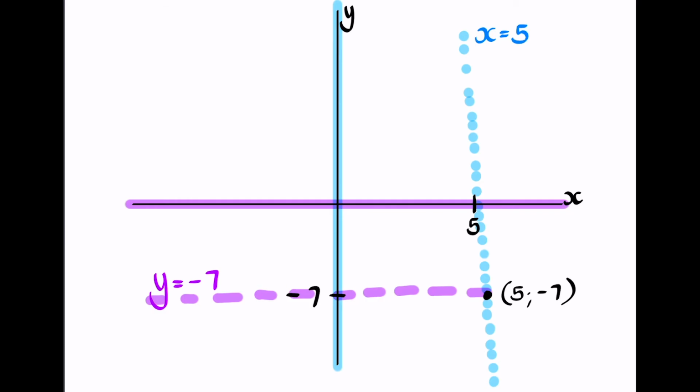Because irrespective of where I go on this line, the x coordinate will remain a positive 5, whereas the y coordinate is changing. So basically, all my vertical lines have the equation x equals something, wherever it is on the Cartesian plane, and my horizontal lines have an equation y equals something, wherever it is on the Cartesian plane.